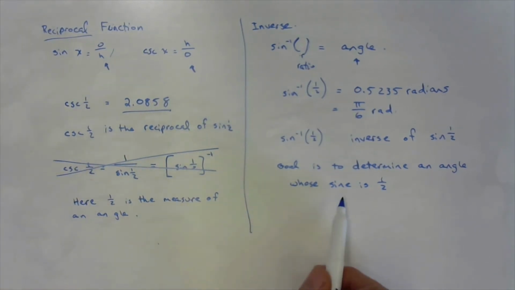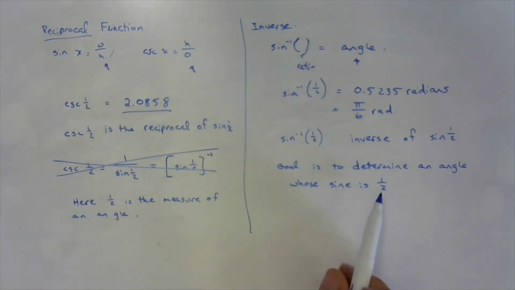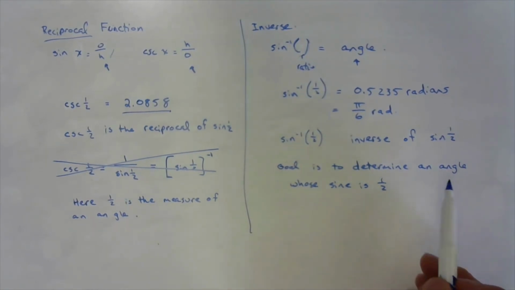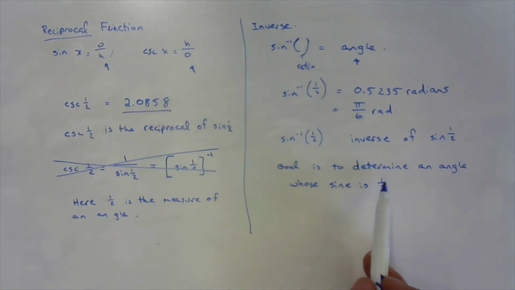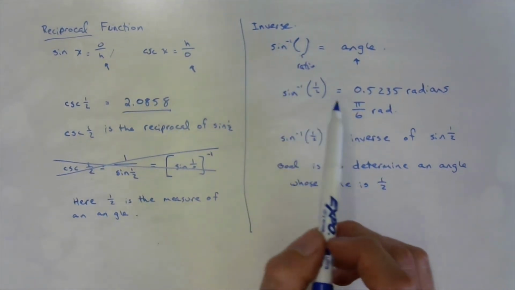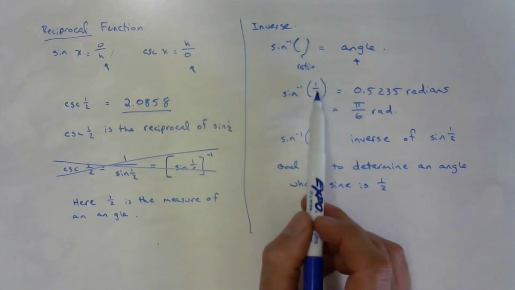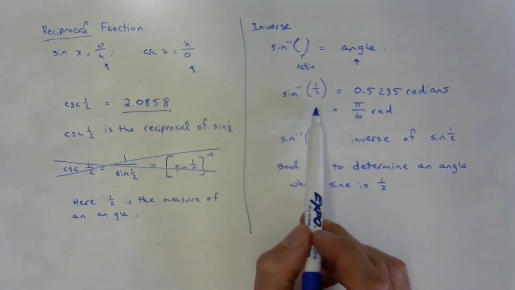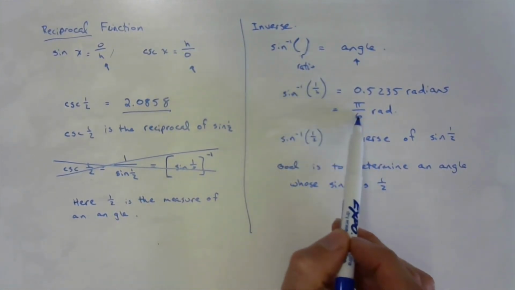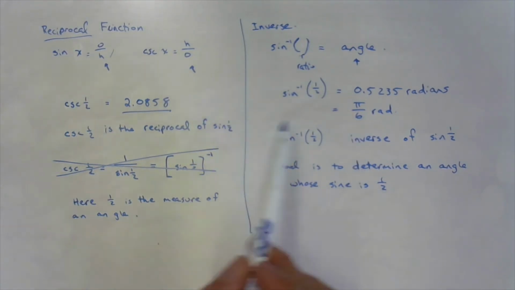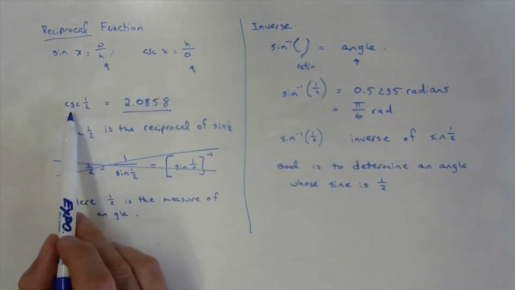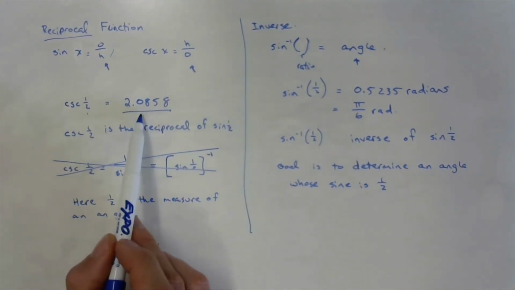It's to determine an angle whose sine ratio is 1/2. So you could draw the angle using the given sine ratio. We've done that in many different examples. But the key to this is if you're given something that looks like this, okay, that means you are given the ratio, you're looking for the angle. If you're given this, that means you're given the angle and you're looking for the ratio.